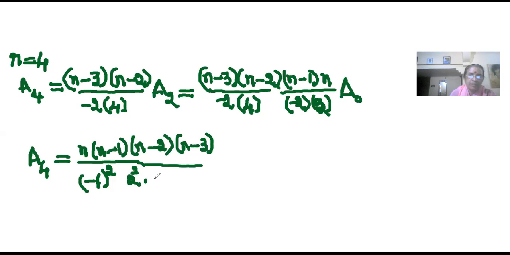Again, we can write this as 2 into 4. Otherwise we will get confused with the points. We can treat this as 2 square into 2 into 4 into A0.